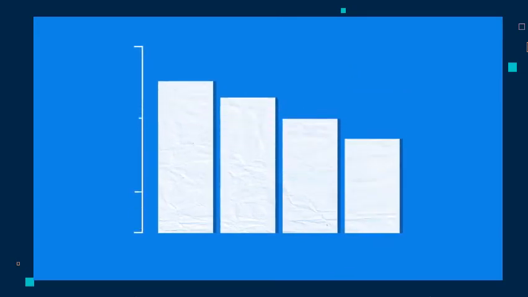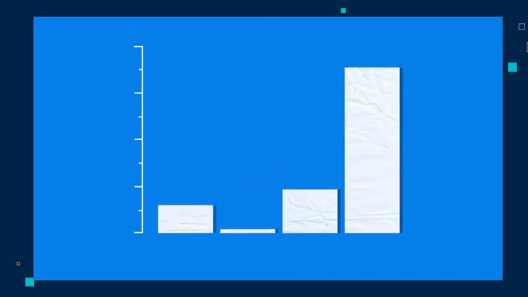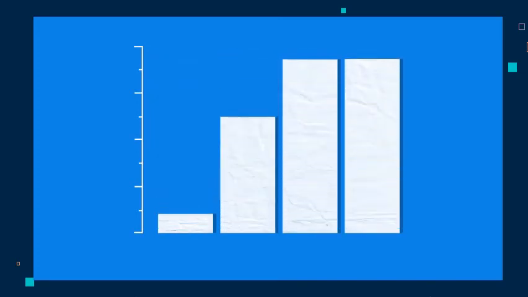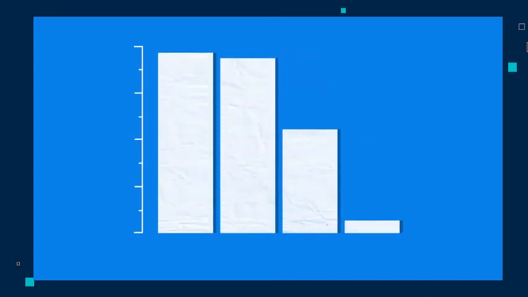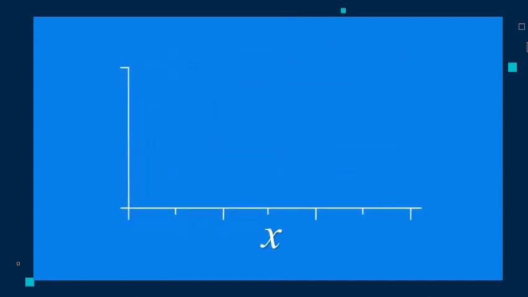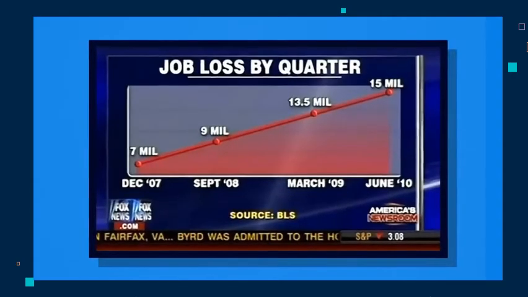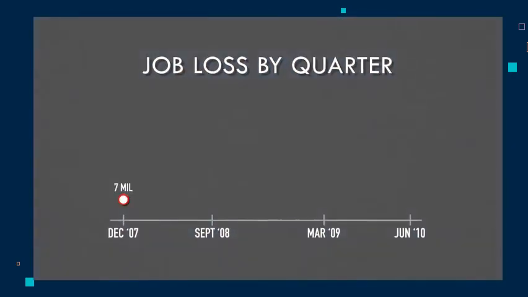Zooming in on a small portion of the y-axis exaggerates a barely detectable difference between the things being compared. And it's especially misleading with bar graphs, since we assume the difference in the size of the bars is proportional to the values. But the scale can also be distorted along the x-axis, usually in line graphs showing something changing over time. This chart showing the rise in American unemployment from 2008 to 2010 manipulates the x-axis in two ways.